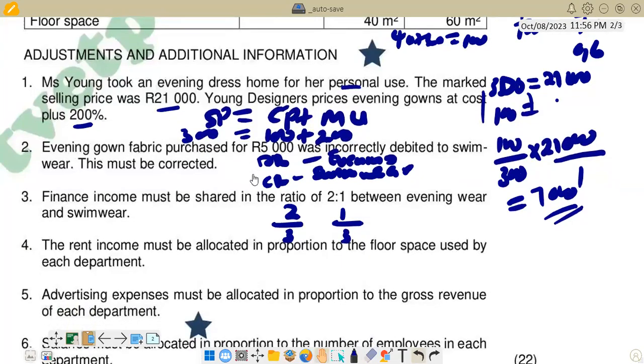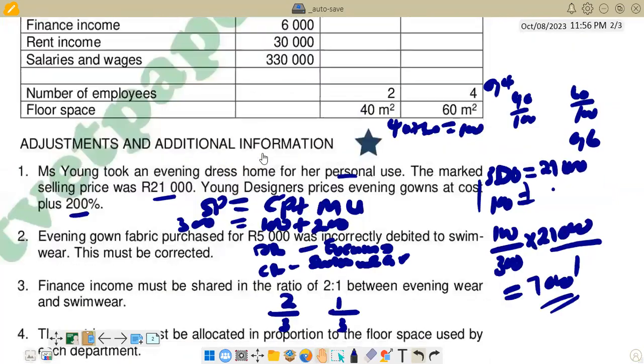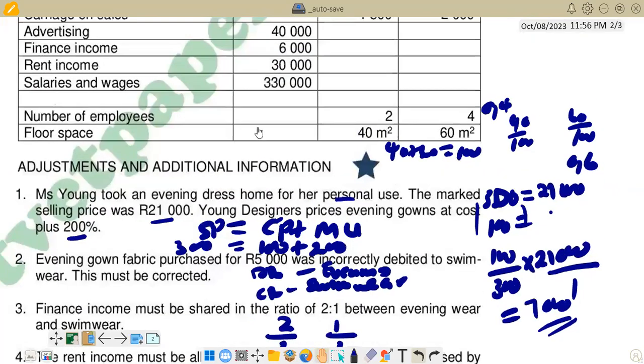It's number 5. Advertising expenses must be allocated in proportion to the gross revenue, and the gross revenue is the figure for revenue that we found there. So the figure that we are going to allocate for advertising is 40,000. So we can allocate that one using that ratio.